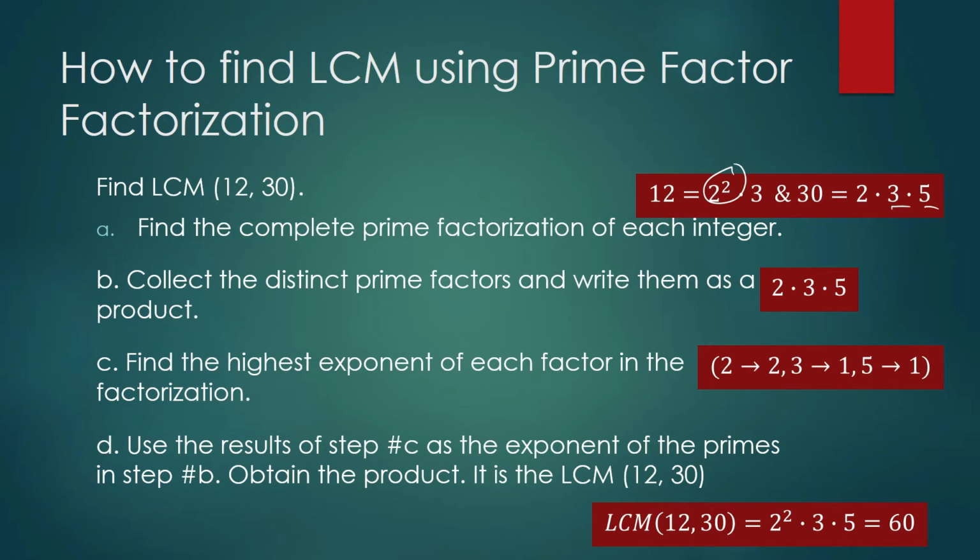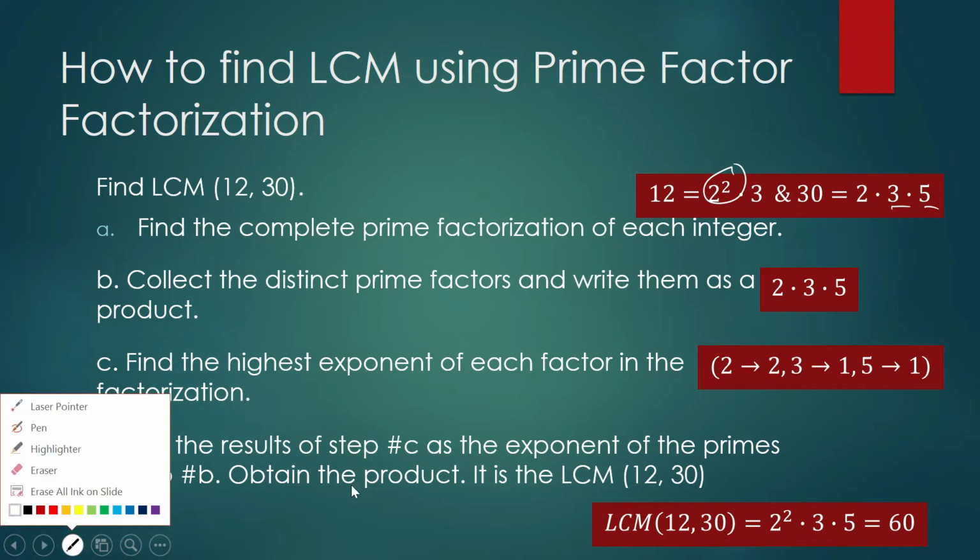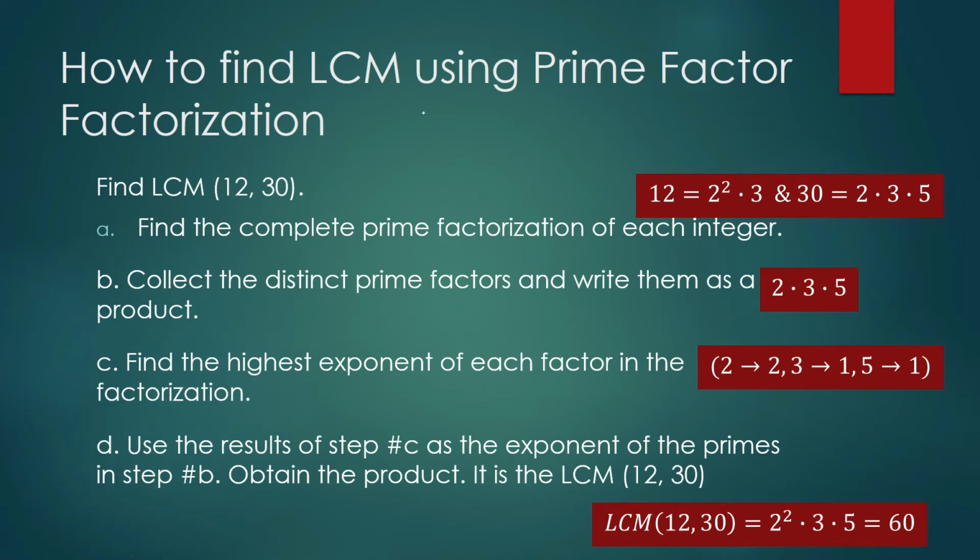Since 12 and 30 are small integers, we can easily find the LCM without doing this. All we have to do is produce all multiples of 12. So what are the multiples of 12? You have 12, 24, 36, 48, 60, 72, 84, and so on and so forth.